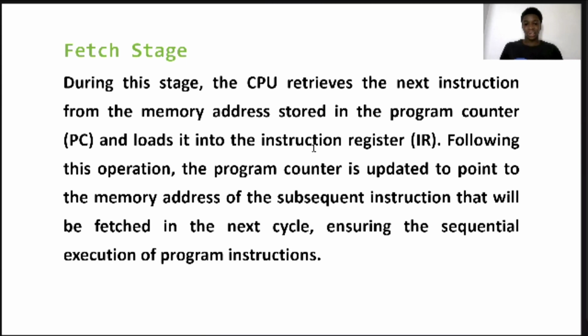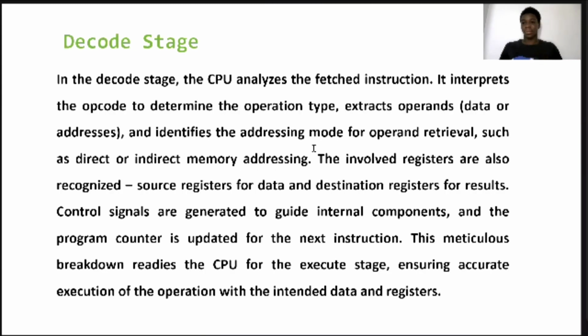So when it goes to the instruction register, this is where we now reach the decode stage. Let's go to the decode stage. In the decode stage, the CPU analyzes the fetched instruction. It interprets the opcode to determine the operation type, extracts operands or addresses, and identifies the addressing mode for operand retrieval, such as direct or indirect memory addressing.